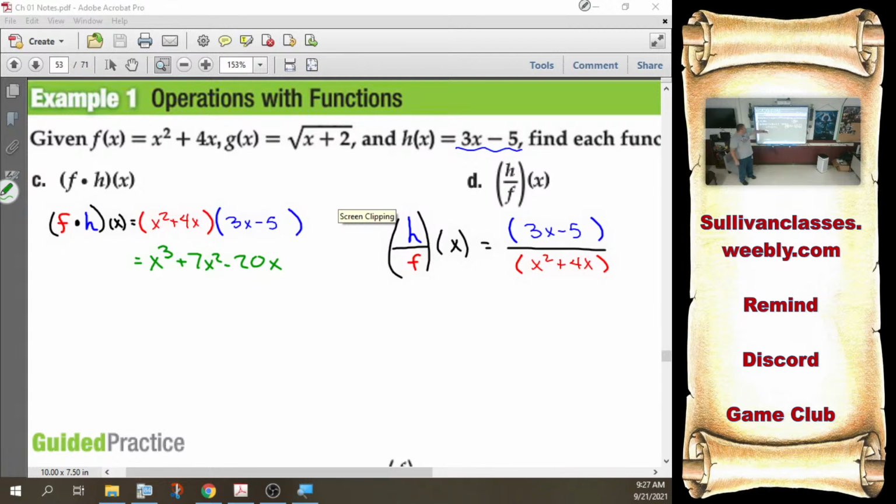Because they'll have a negative 5x squared here and a plus 12x squared here. Oh, I missed the 3 entirely. There we go. Missed one.